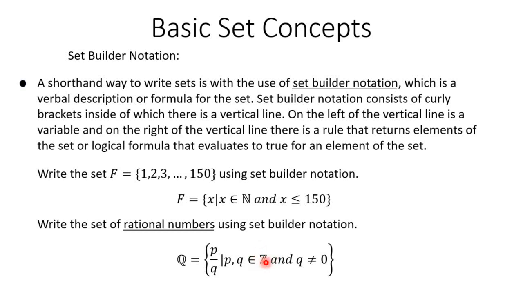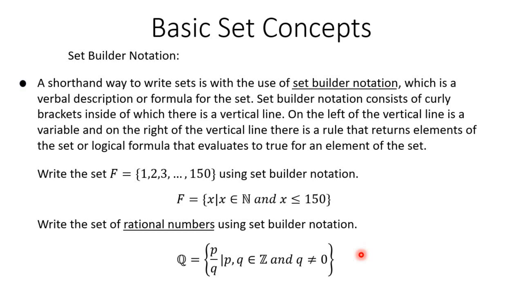Remember, this is the symbol for the integers. So p and q are both integers, and q is not equal to 0. So this describes the set of numbers that we call the rational numbers. Basically, fractions where the top and bottom of the fractions are integers, but the bottom is not 0, because you can't divide by 0.